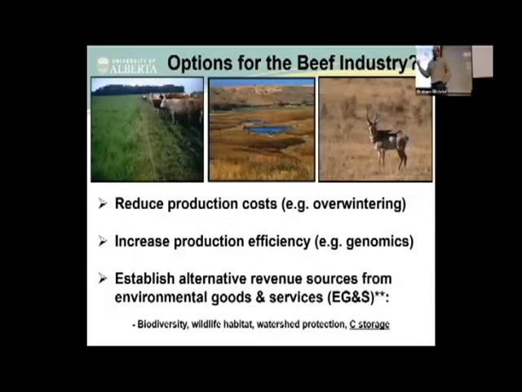Okay, so what are the options for the cattle industry? Again, this is big picture thinking. How do we increase the revenue? Well, one of them, and this has been worked on by a lot of different research groups, is to reduce production costs, for example. The Lacombe group worked for many, many years looking at swath grazing, extending the grazing season in the spring, trying to reduce overwinter costs, since that's the lion's share of the cost that many beef producers incur when they're trying to run a sustainable system. The other one is increased production efficiency.